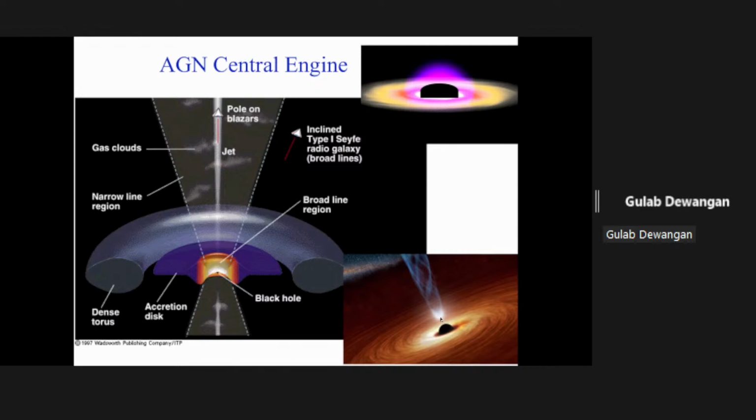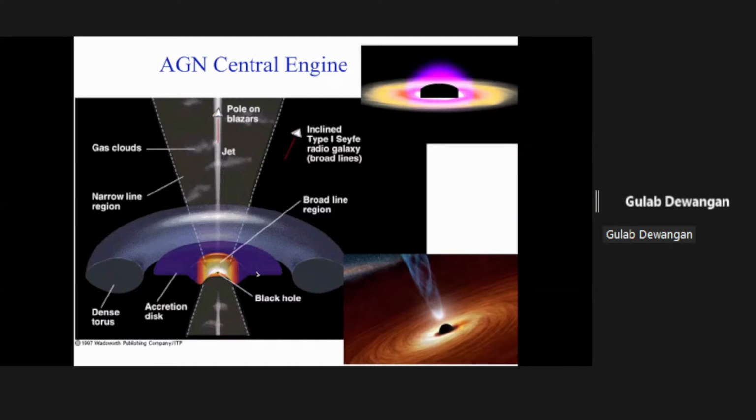In this case, the hot corona is actually part of the jet, which gives rise to the radio emission, in some cases even infrared, optical, ultraviolet, even soft X-rays. So the base of this jet essentially acts like a hot corona, and that gives rise to the X-ray radiation. That is another possible picture.